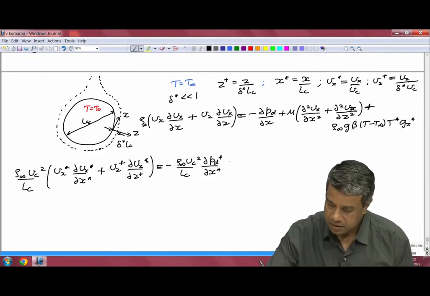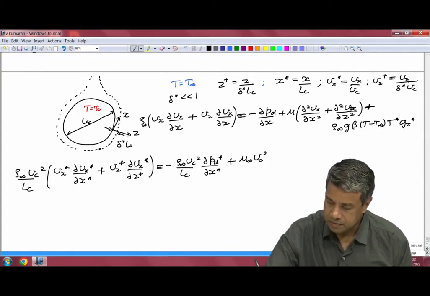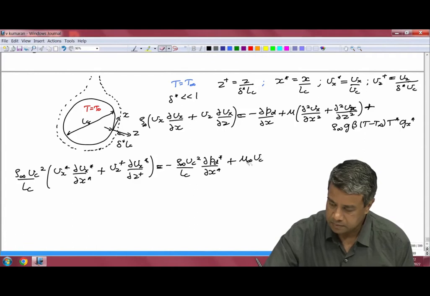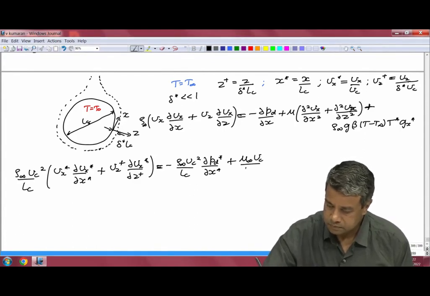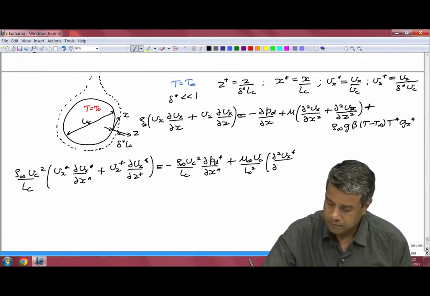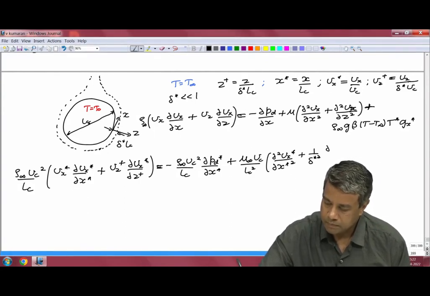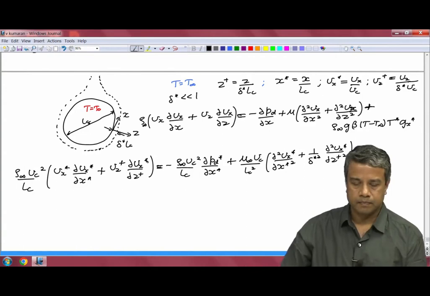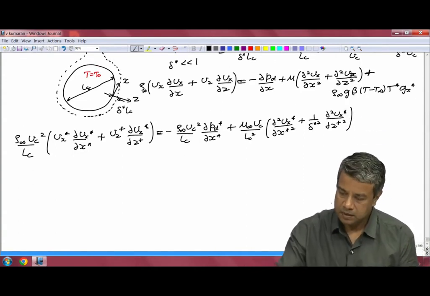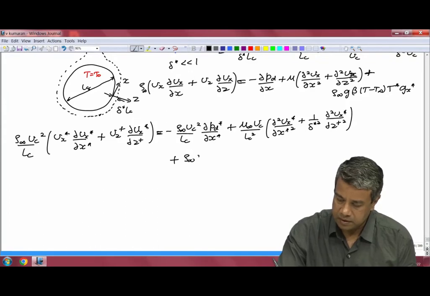And on the right side, I will have mu infinity into Vc by L square, plus the buoyancy term rho infinity g beta into T minus T infinity, T star, gx star.